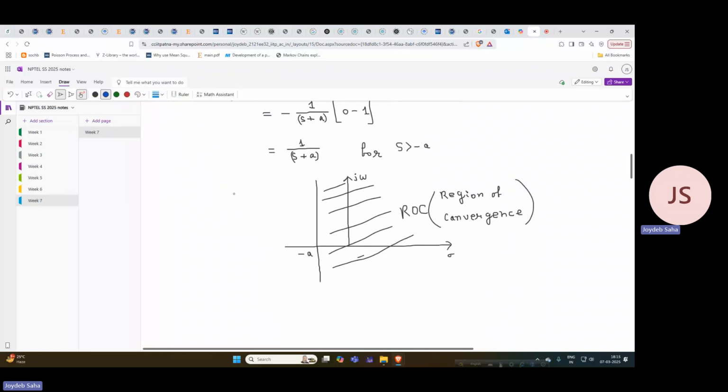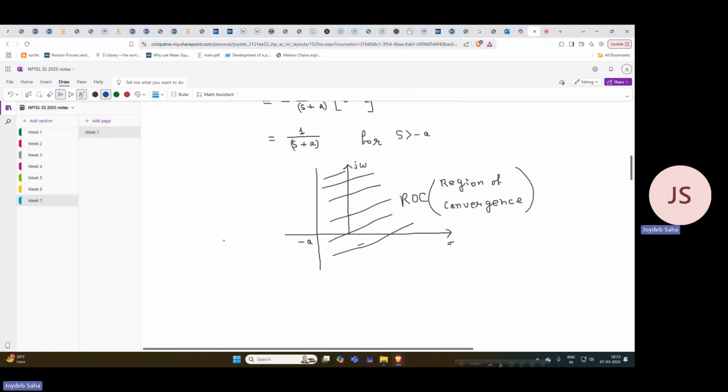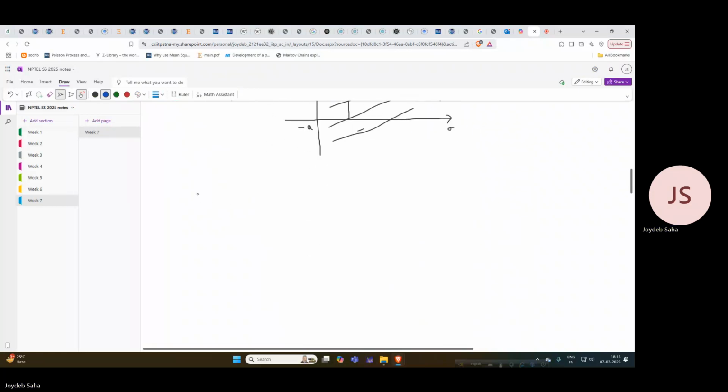Now we will go to the next question, and it is a very interesting problem. Question number 2. At first you people will try to solve. Fine, and then I will solve this.